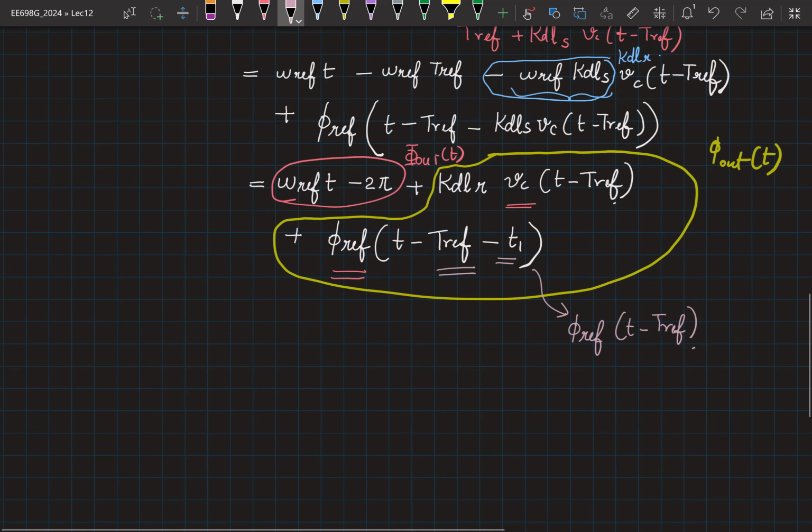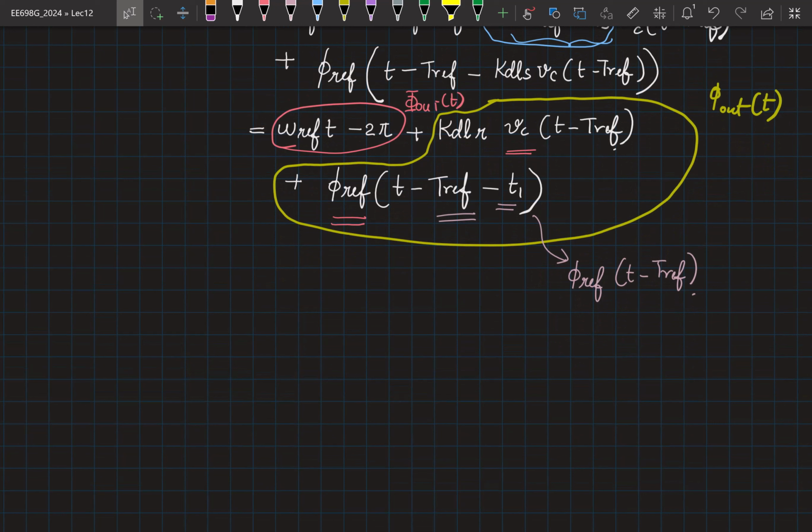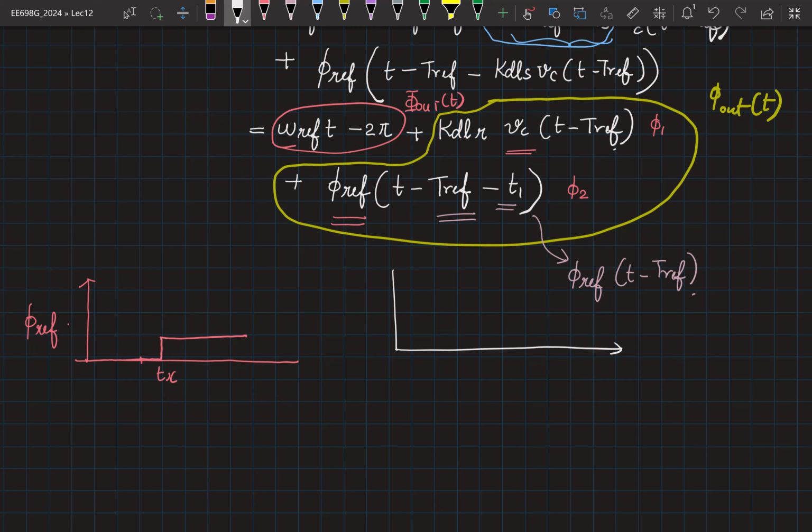Okay. Now I can show you what sort of error this assumption is going to introduce. There are two terms in our small signal phi out, right? Let me call this as phi 1 and let me call the second term as phi 2. So if your small signal phi ref, let's say, is going high like this, right? Let's say it is going high at some instant tx. And I want to plot the small signal phi out.